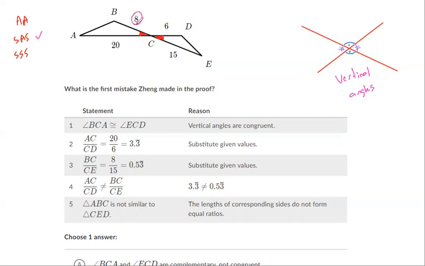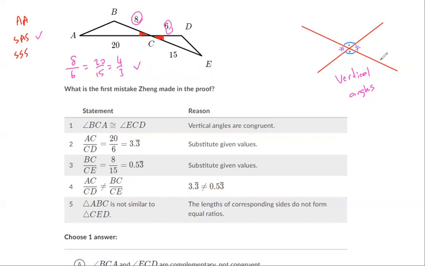If you look at this 8, which is the smaller of these two, 8 divided by 6, the corresponding side, is 4/3, and then 20 divided by 15 is also 4/3, right? So when you prove two sides are proportional and the angle between those two is equal, that makes them similar by side-angle-side.